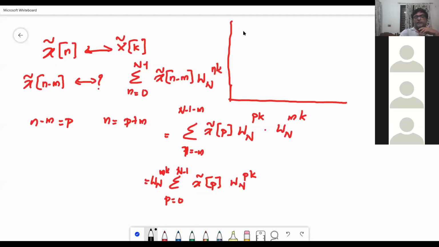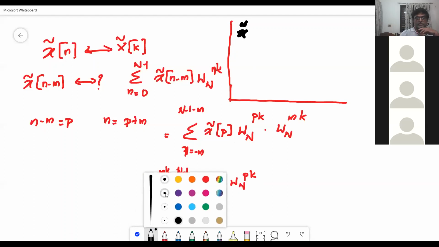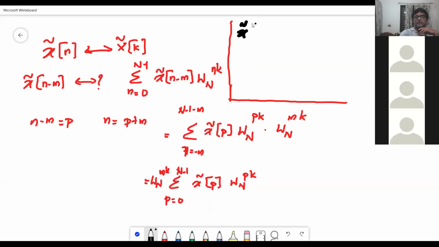So one period of x of n minus m modulo N. I will take one period of that, so I will have to write 0 less than or equal to n less than or equal to N minus 1.